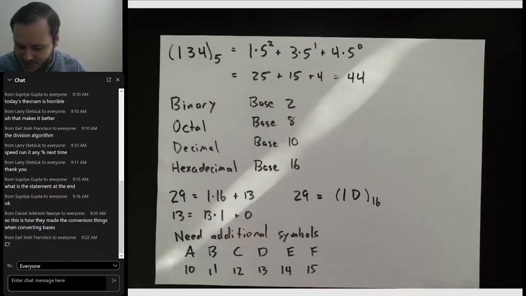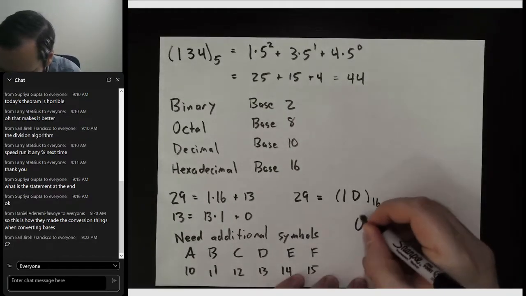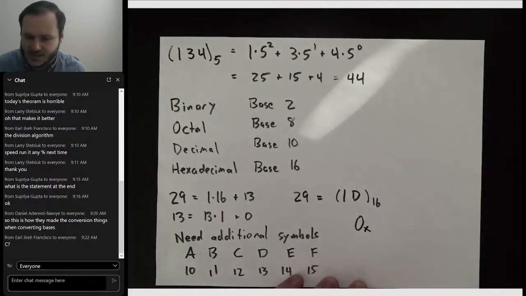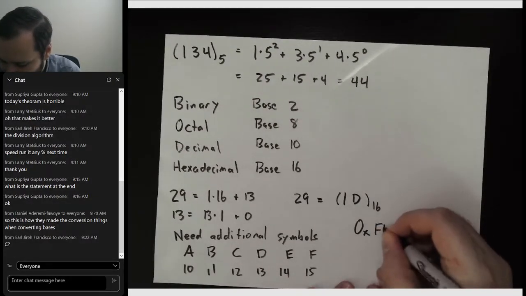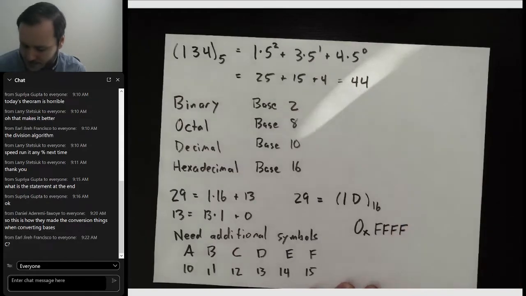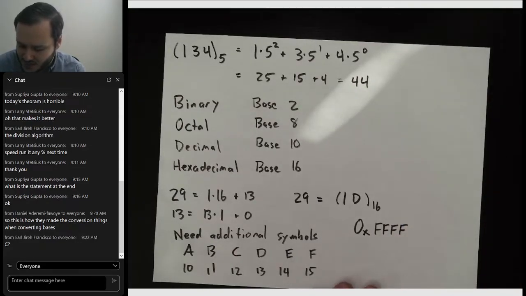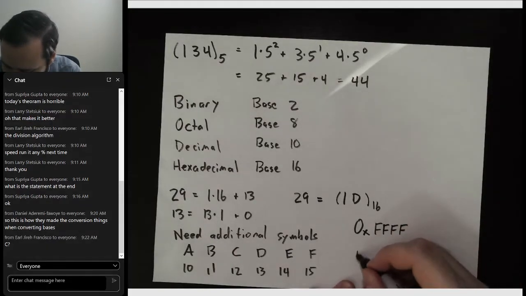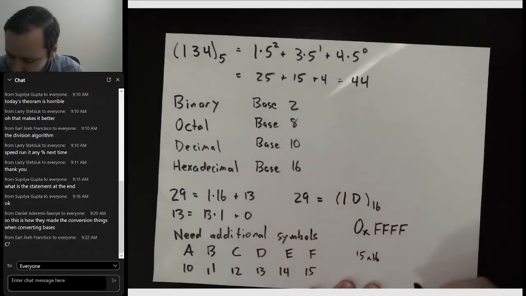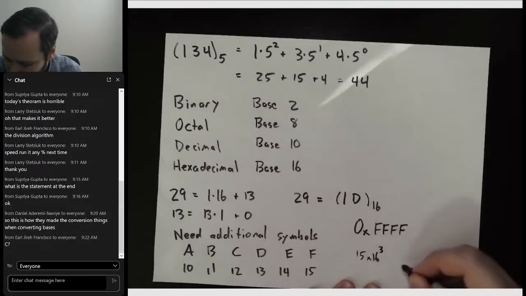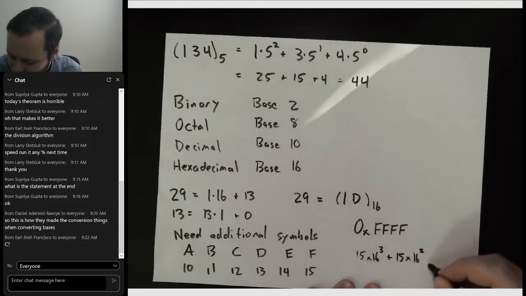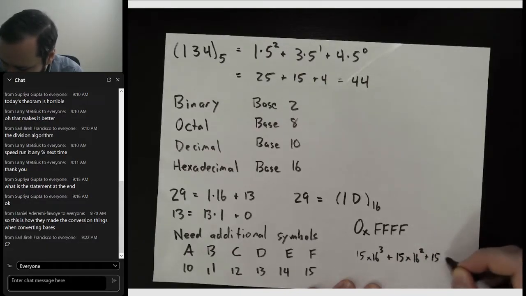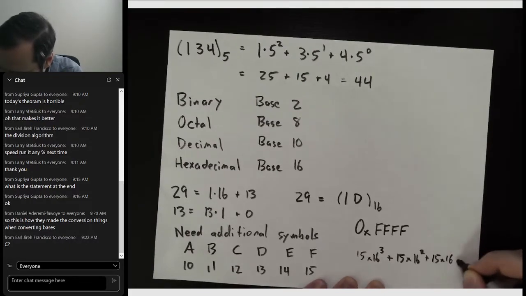Sometimes computer scientists like to write 0x in front of their hexadecimal numbers. So you might see something like 0xFFFF. And this means 15 times 16 cubed plus 15 times 16 squared plus 15 times 16 plus 15.